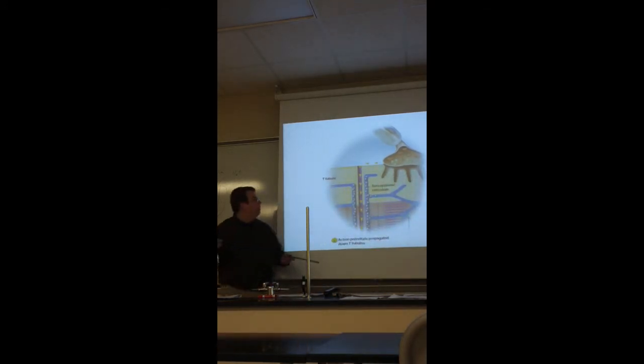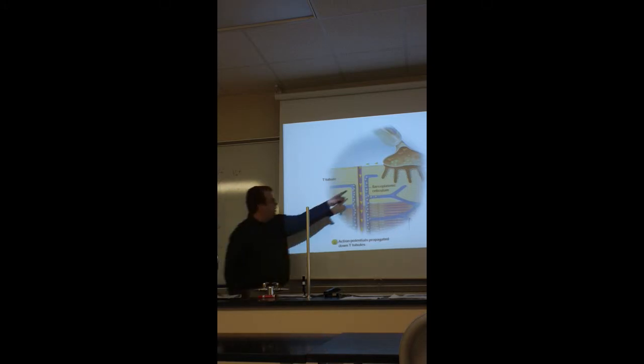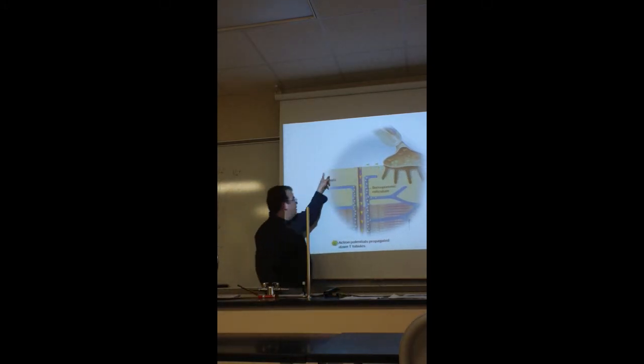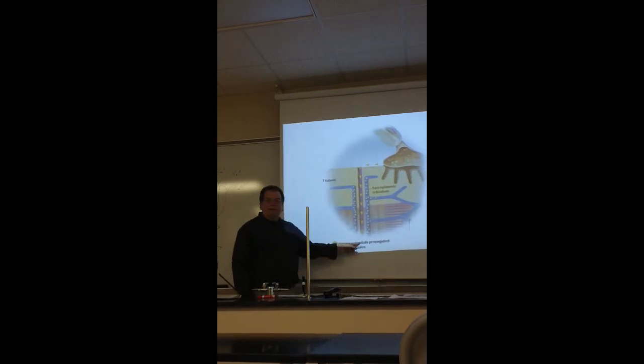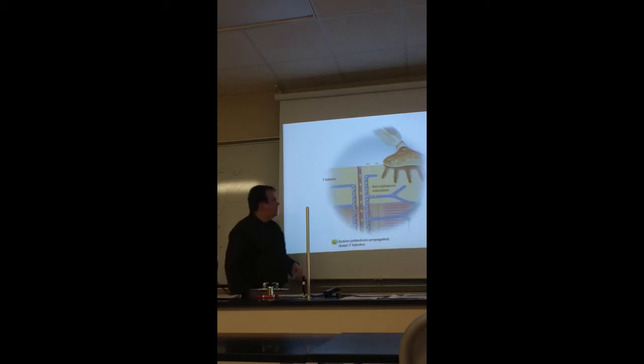Where is it going to go? Well, if you remember, the T tubules, or the transverse tubules, are continuous with the plasma membrane. So when that voltage travels down the sarcolemma, every single time it finds a T tubule, it's going to go down right here. And that electrical current is going to go down here. It's that electric current that causes the sarcoplasmic reticulum to release calcium.